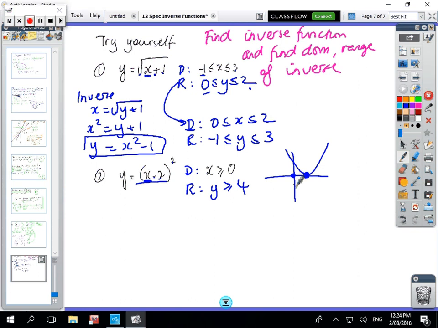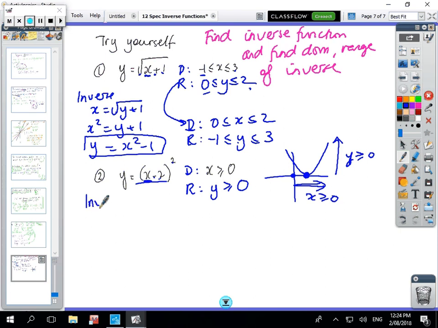We've got to actually think about the parabola. I'm glad I sketched it. So (x minus 2) squared is a parabola. So if x is greater than 0, then y will be greater than or equal to 0. I'm glad I sketched it, because that would have been a huge error.